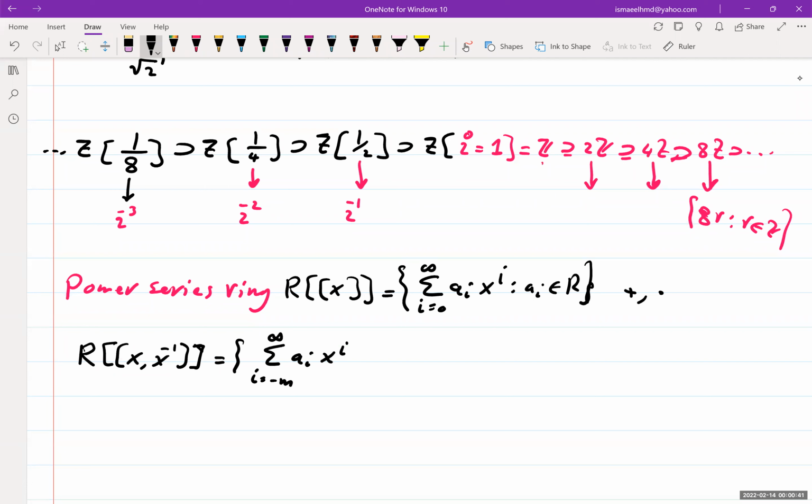That is, a power series from 0 to infinity with the addition of some negative terms.